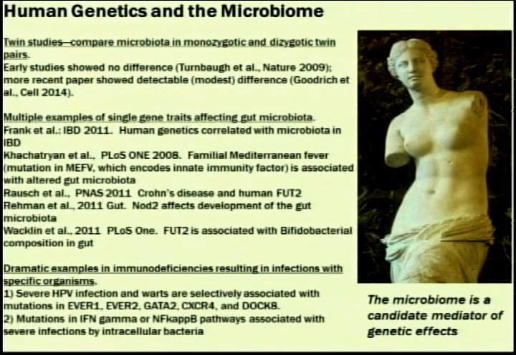As you probably know, there are dramatic examples of breaking one or another part of the immune system with a mutation, leading to selective infection with very specific kinds of organisms. So you can have horrible disfiguring warts with HPV, human papillomavirus, if you're mutant in these genes, whereas if you're mutant in the interferon gamma or NF-kappa B pathways, you have much more severe infections with intracellular bacteria.